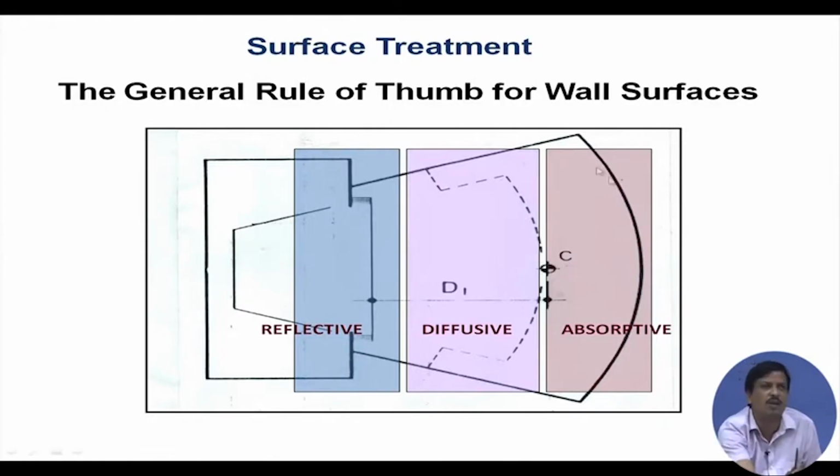So, when you design an auditorium, the acoustic treatment is reflective at the stage and the front part of the auditorium. The middle part will be diffusive, and the rear part, or the last part, of the auditorium should be as absorptive as possible, so that no sound is reflected from that area.